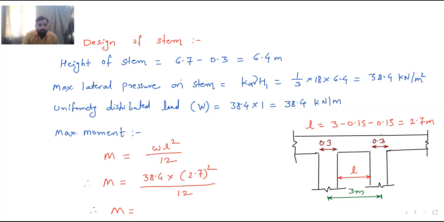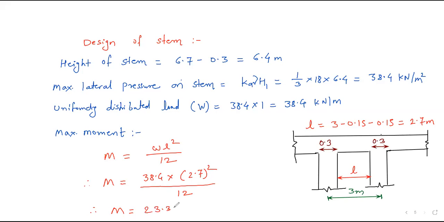So therefore M is equal to, what is the value? Let me know the value of M. 23.33.